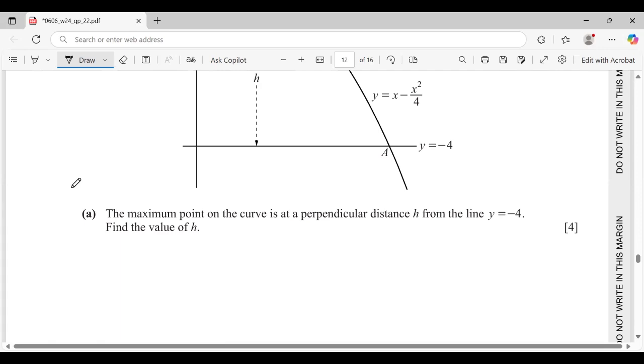Okay, so the function is y equals x minus x squared over 4.